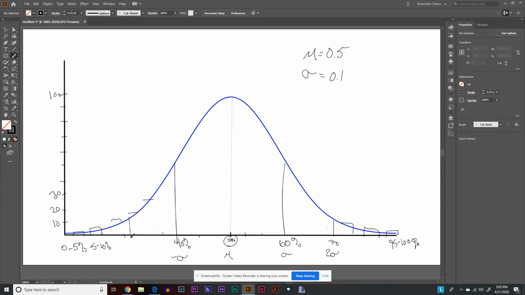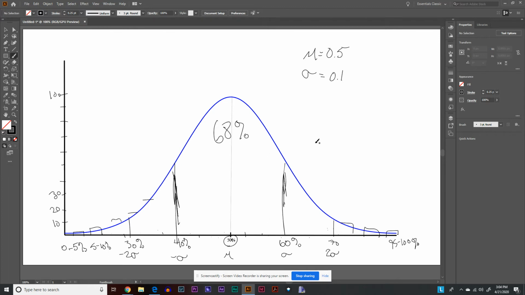And then two standard deviations, negative 2 sigma, is going to be 30%, right? Well, it turns out that the percentage of the whole data set, meaning the number of students that are between this point and this point, right? One standard deviation away from the mean on either side, is 68% of the whole data set.